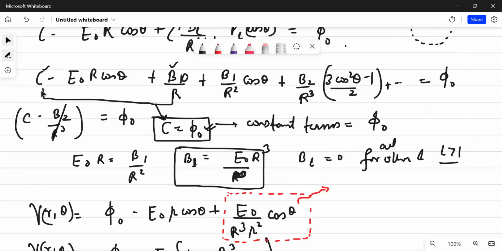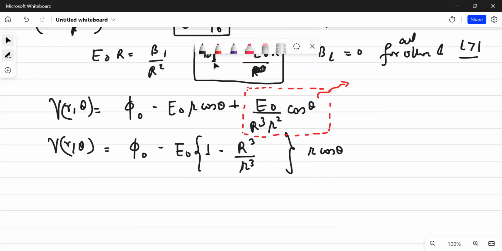Is that clear or not? So this is the term, the modification brought about by the induced electric field. Are you getting my point?